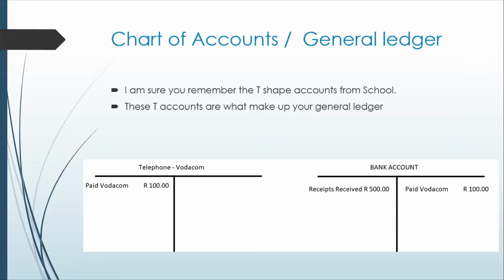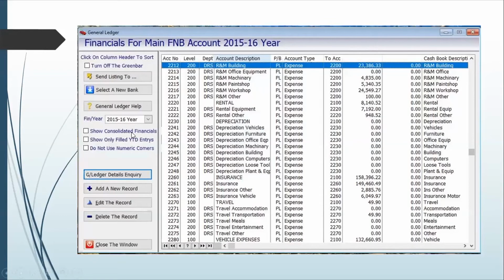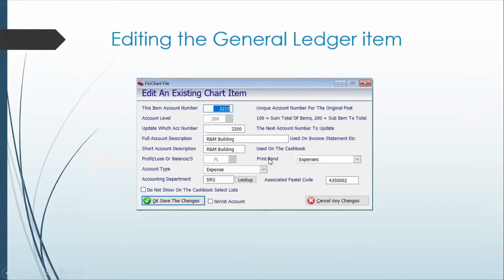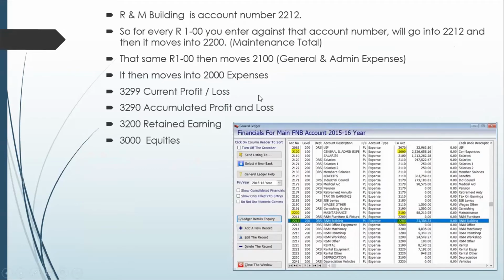This is what our general ledger screen looks like, but I will be going through it in depth with you just now. We can edit any of our general ledger items as we want. The facility is there, and I will be going through those with you.